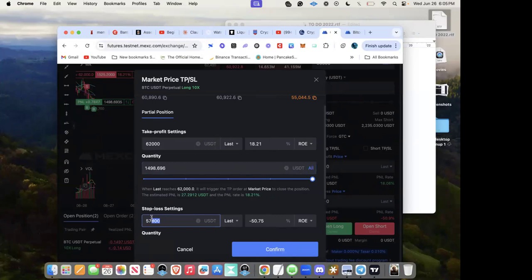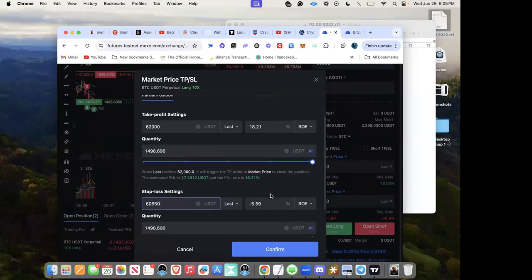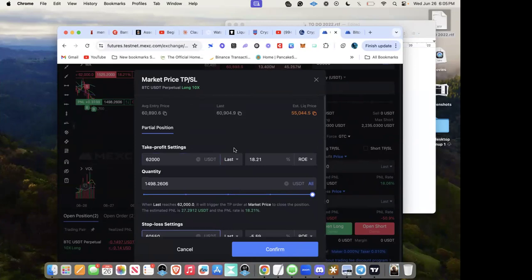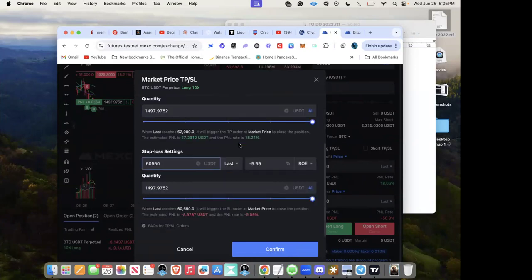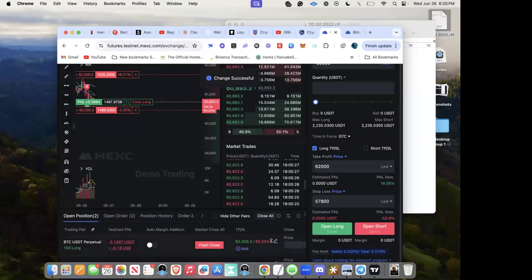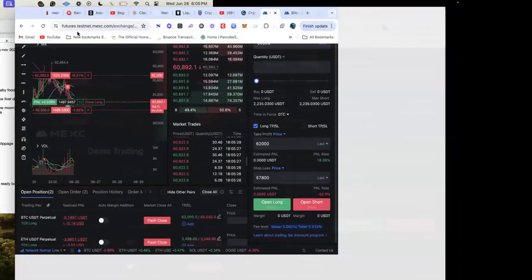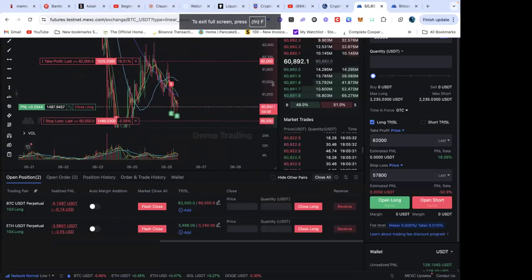So stop loss, 65.50 maybe is good. And then we're only selling half, right? Is that what I did? Yeah, that's half the position. Okay. All right, so then I just have to monitor this into tomorrow and then manually take off.